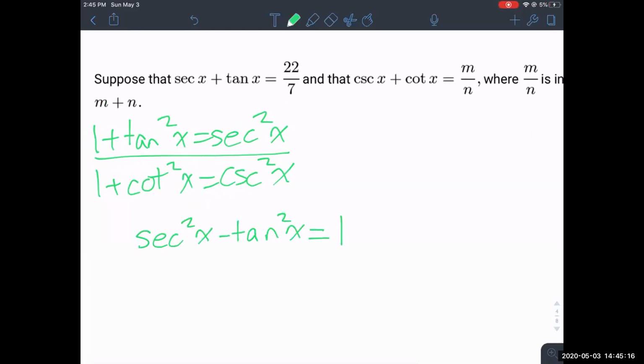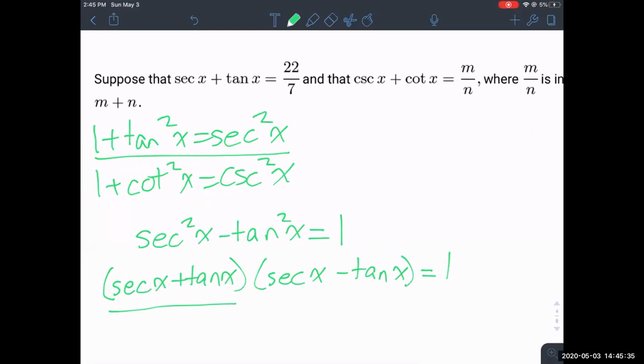So we have this one from the Pythagorean identity, and then we can expand the left side with the difference of two squares. So on the left, this thing is 22/7, which implies that this is equal to 7/22.